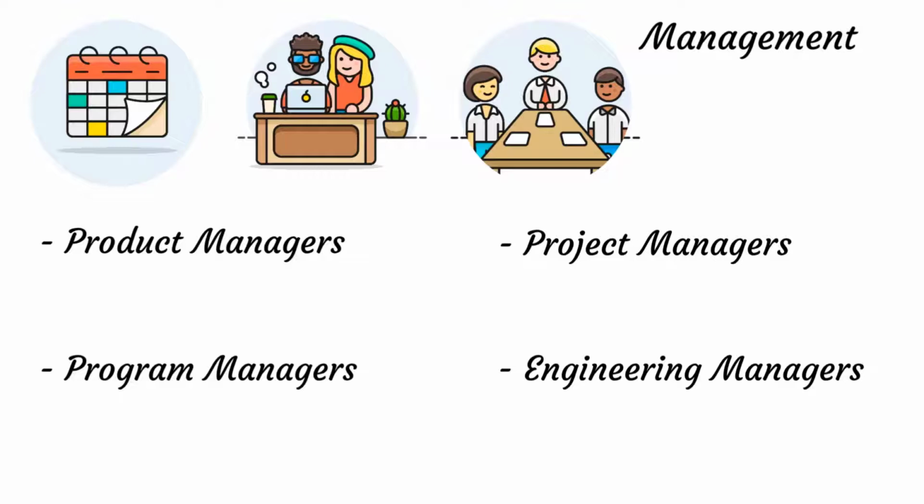Another type of manager are what are called project managers. One of the main differences between product managers and project managers that is very important to keep in mind is that the product doesn't really have an ending date, right? If you think about Netflix as a product, it's never ending, or that's the intention of it. It's going to keep evolving throughout the years.